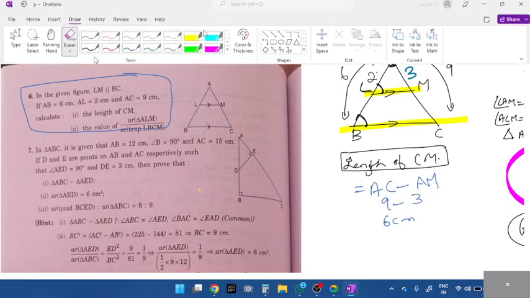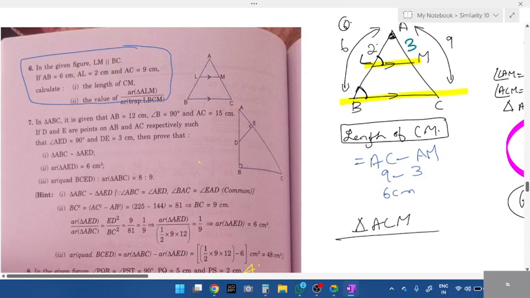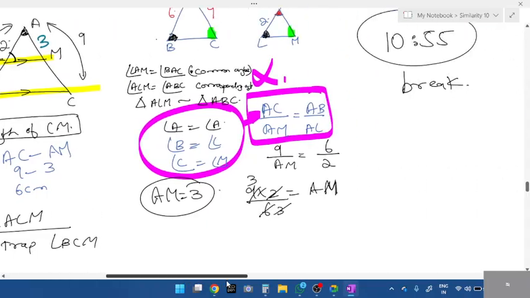Okay, what do we need to find here, students? We found the side. Next, what do we need to find? Area of triangle ALM divided by area of trapezium. For that, first we need to find the area of both the triangles.